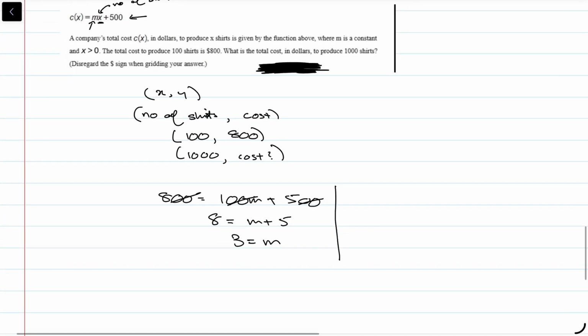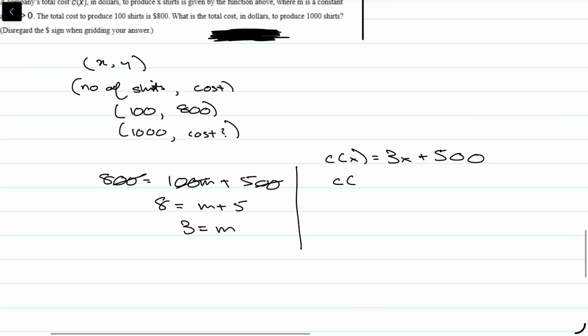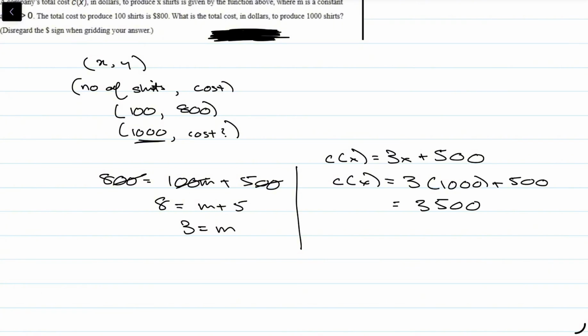Now we have our equation. The cost is equal to 3 times the number of shirts plus 500. So now we just substitute in this value of the number of shirts: 3 times 1,000 plus 500, and the cost is equal to 3,500.